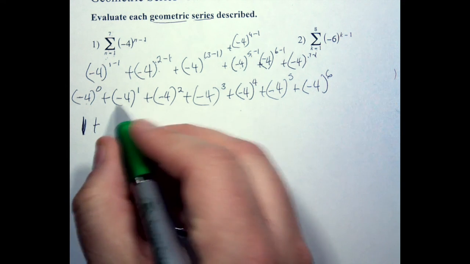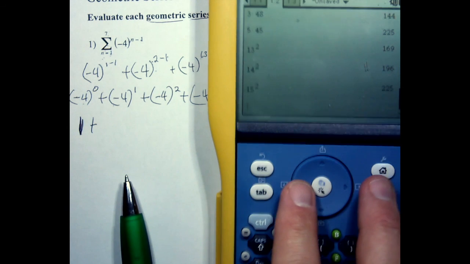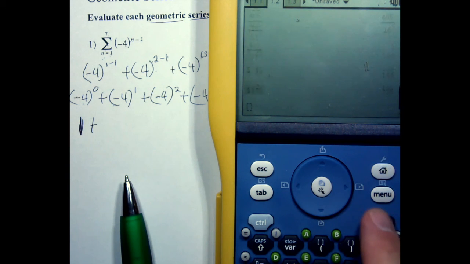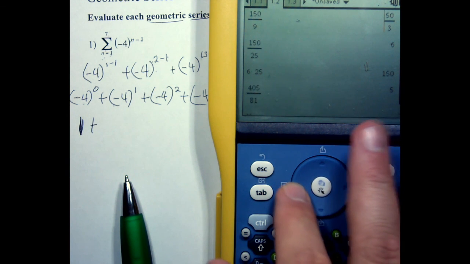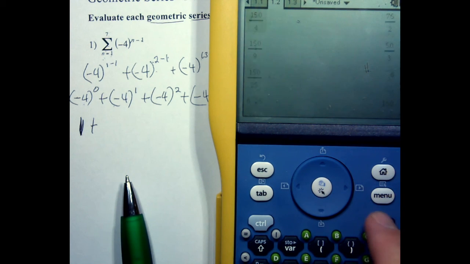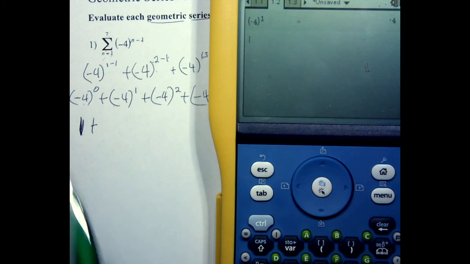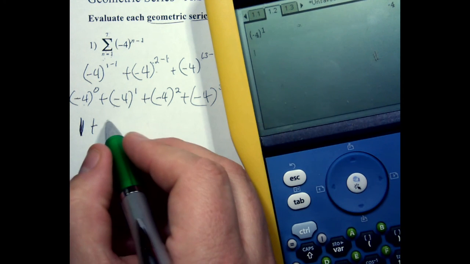Plus negative 4. Now this is something we can do on the calculator. I know what negative 4 raised to any number is, but I want you to do it on the calculator so you can see. You have to put it in parentheses: negative 4 raised to the positive 1, and that gives me negative 4.